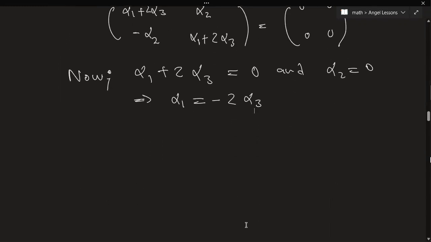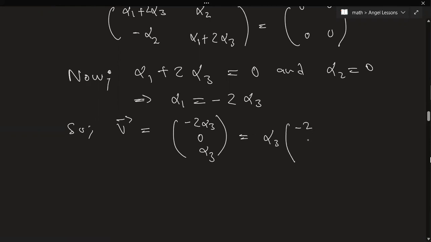So what is V? Remember, V is equal to alpha 1, but alpha 1 is negative 2 alpha 3, alpha 2 is 0, and alpha 3 is alpha 3. So this becomes alpha 3 times negative 2, 0, 1.